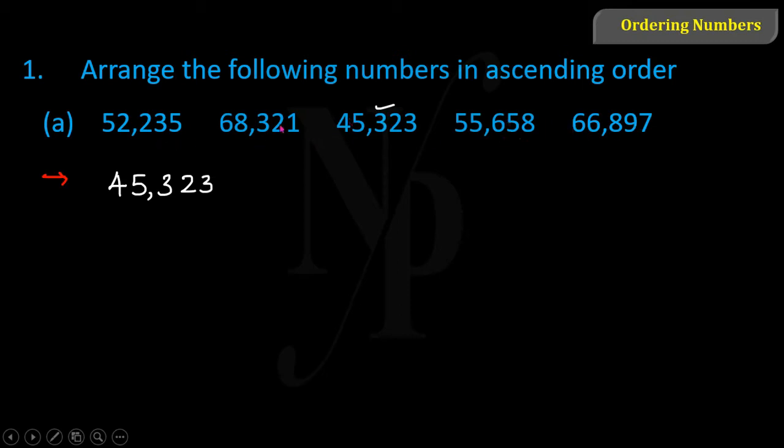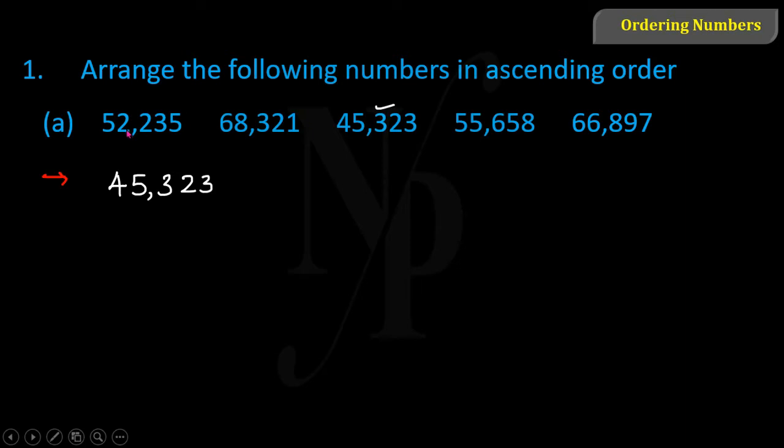Leaving this number, we compare the remaining 4 numbers. The digits at the 10,000's place are 5, 6, 5, 6. So 5 is smaller when you compare 5 and 6. The two numbers 52,235 and 55,658 both have 5 in the 10,000's place, so we move to the thousands place. Here we have 2 and here we have 5.